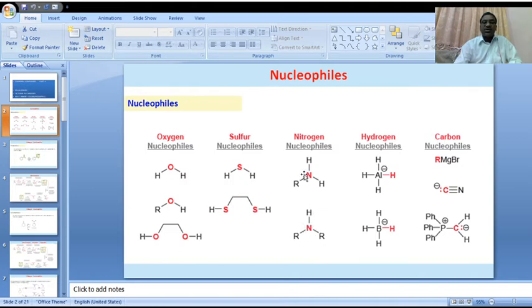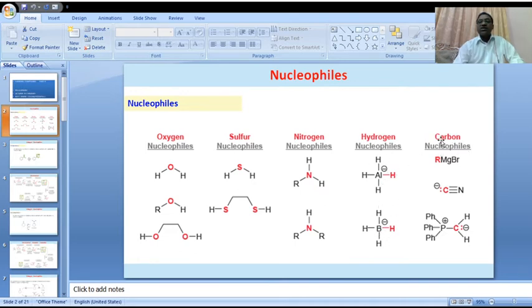These two, primary and secondary amines, are very good examples of nitrogen nucleophiles. Next, hydrogen nucleophiles: AlH4 minus, aluminum tetrahydride ion, and BH4 minus, boron tetrahydride ion. These are also hydrogen nucleophiles.